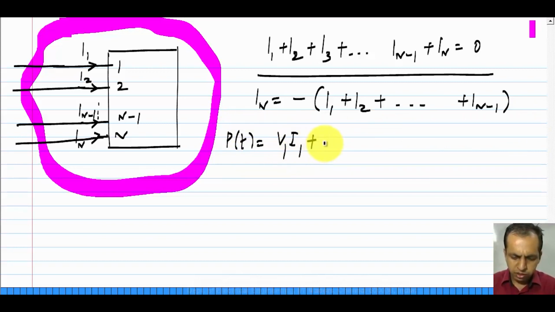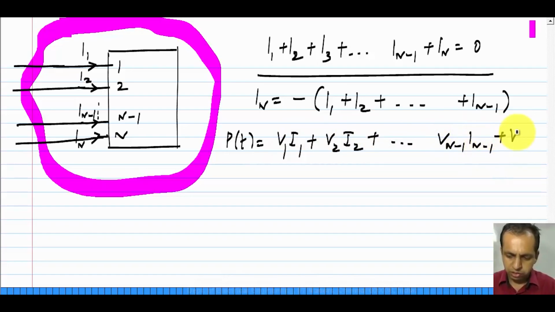Now, using this in my definition of power, which was V 1 I 1 plus V 2 I 2 plus V n minus 1 I n minus 1 plus V n I n, what I will do is use the value of I n from this Kirchhoff's current law expression.